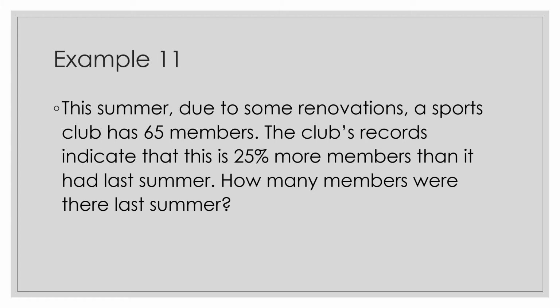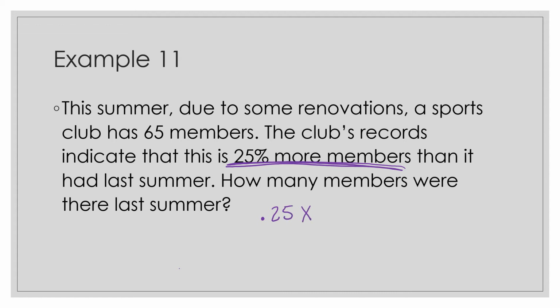Example 11. This summer, due to some renovations, a sports club has 65 members. The club's records indicate that this is 25% more members than it had last summer. How many members were there last summer? Okay, so we have increased it. Since it's 25% more members, we could say 0.25 times x.